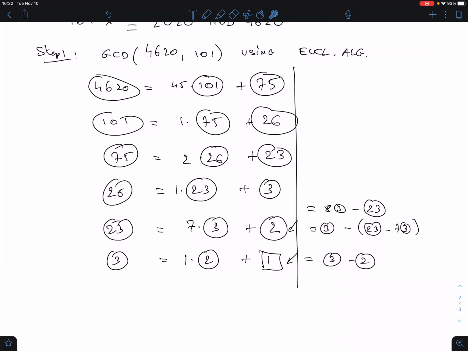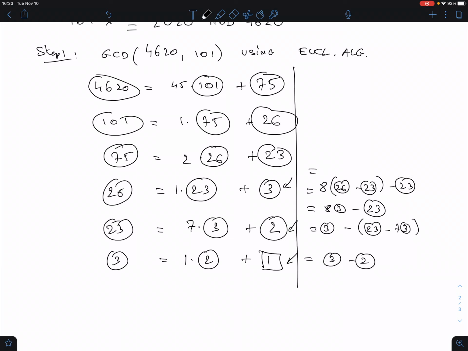Next, that means we have used this formula, so we move to this one. And we now rewrite 3. So 8 times 3 can be written as 8 times 26 minus 23, and then minus 23.